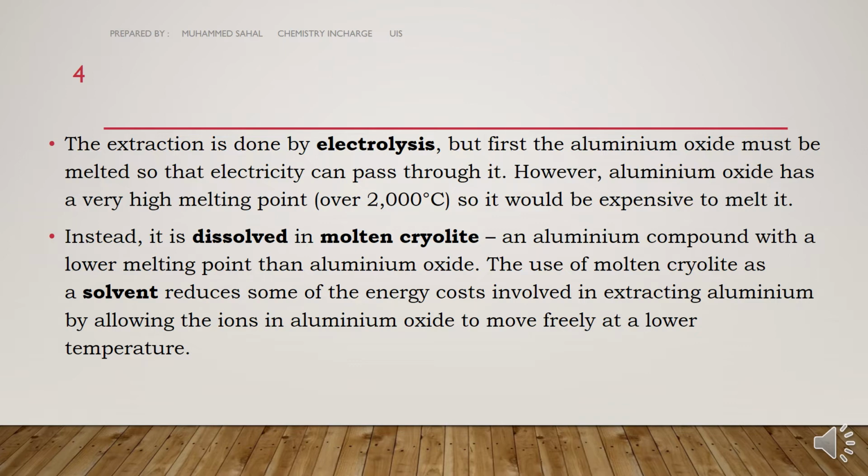It is a huge temperature. We want to lower it. To lower it, we add cryolite to the molten aluminum oxide. The cryolite provides a considerable saving in the energy requirement of the process.